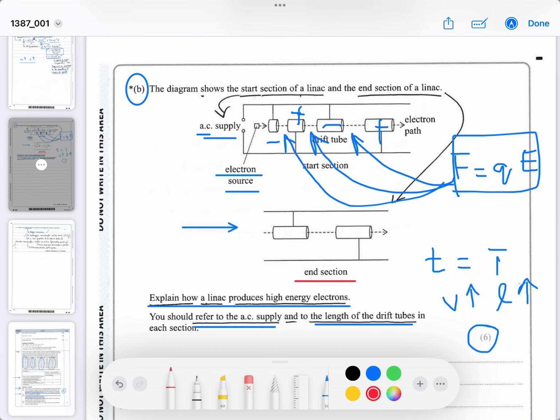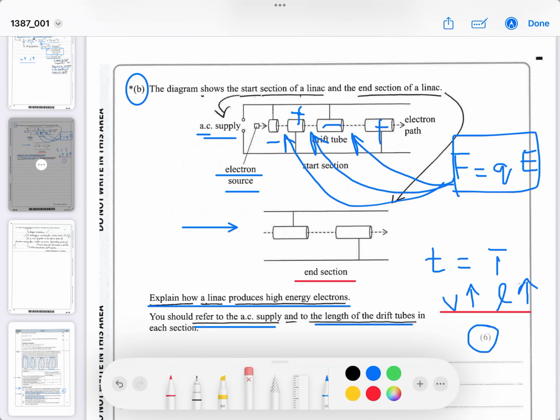So that means the length is constant. That means the velocity must have reached a maximum value. Okay? So they can't speed up anymore. Therefore, if they can't speed up anymore, there is no reason to increase the length anymore. And that's the point that I did not explain to you in my run-through.